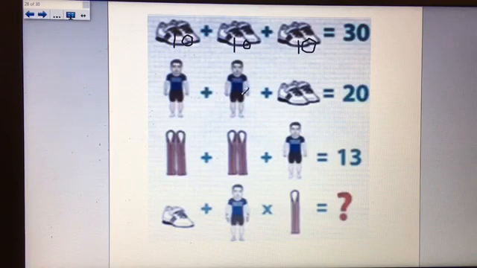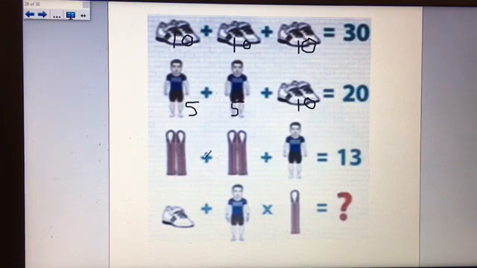So you've got 2 men plus a pair of trainers that make 20. We know the trainers make 10. So each man is 5 each. 5 add 5 add 10 make 20. Okay. Here we have, now I don't even know what these are.